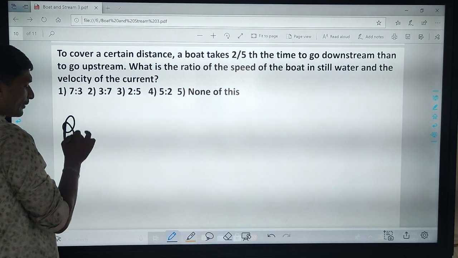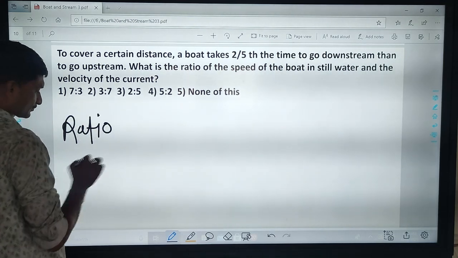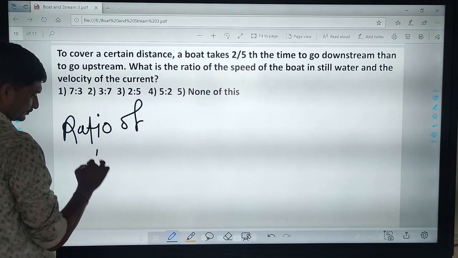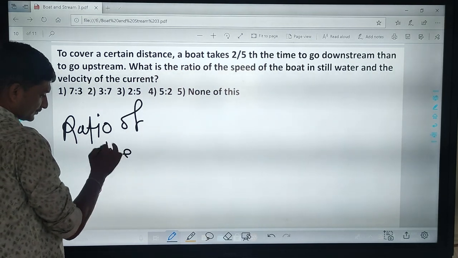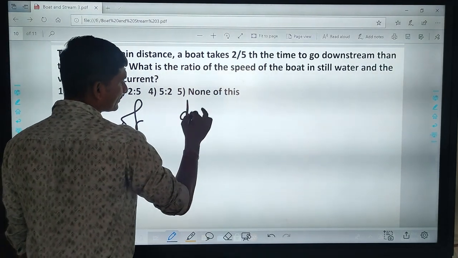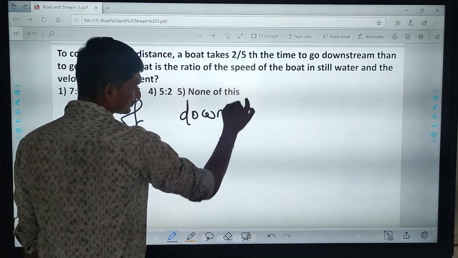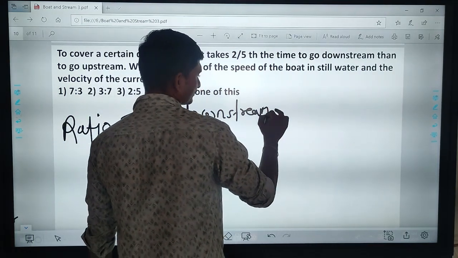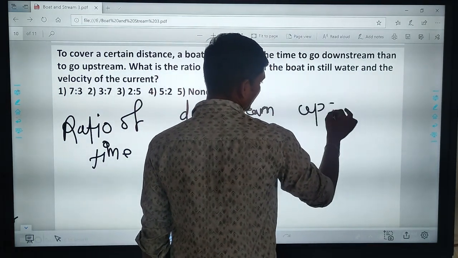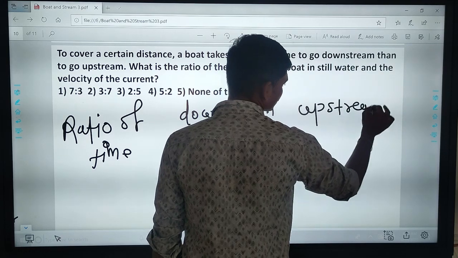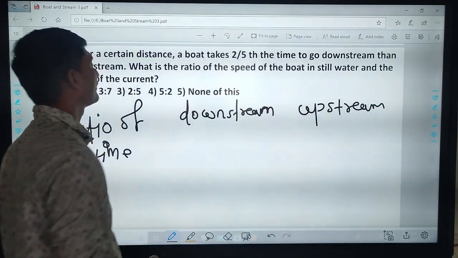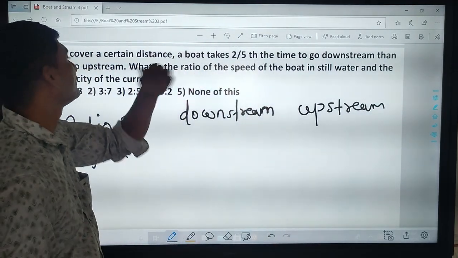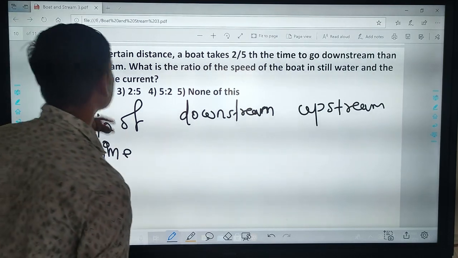Then we find the ratio of time downstream and upstream.